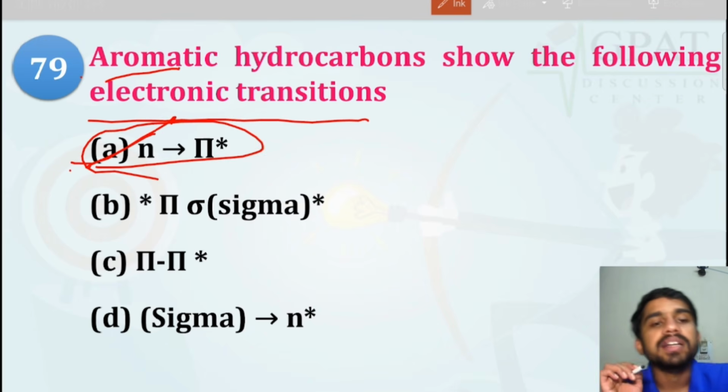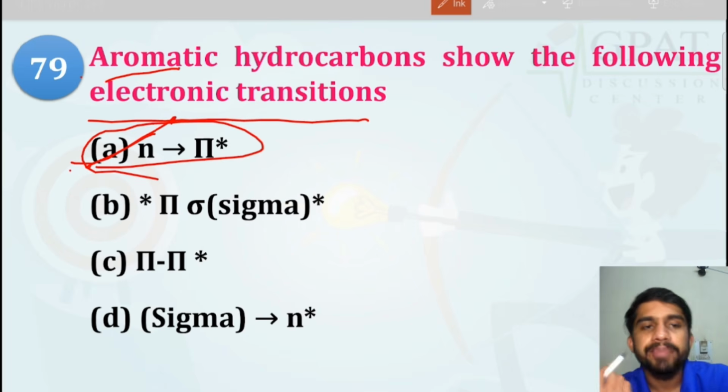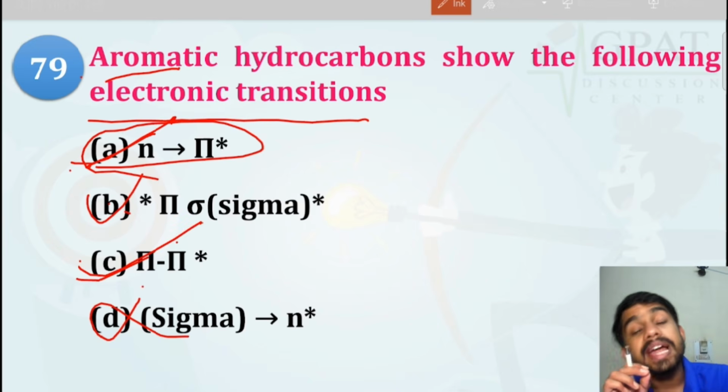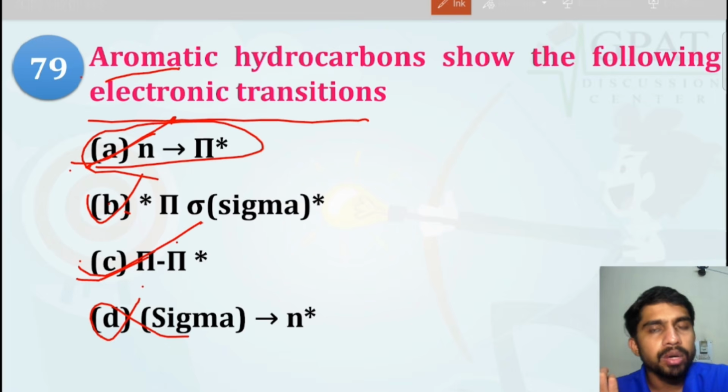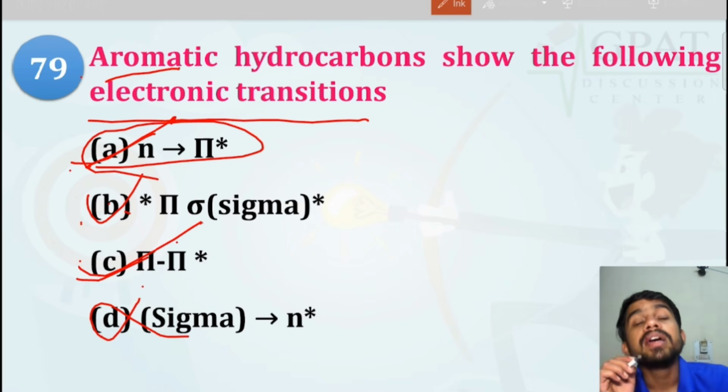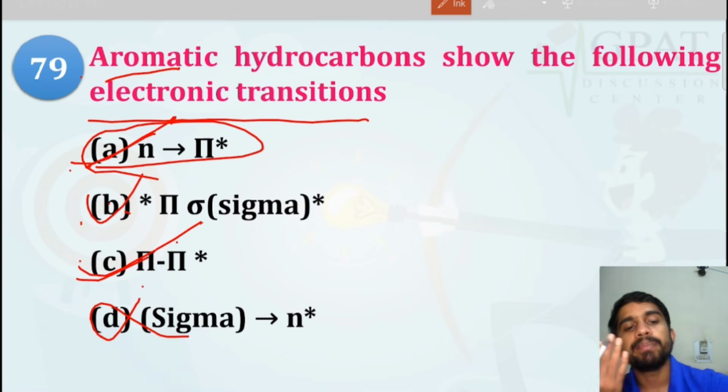For n to pi star transition, they must have a lone pair and pi electron. For the aromatic, there is no lone pair. If we talk about pi to sigma star, again sigma is not there. If there are only single bonds and lone pair, then they will go with the sigma. But here it is pi to pi star transition, because in aromatic hydrocarbon there is conjugated double bond. It means that pi electrons are there.